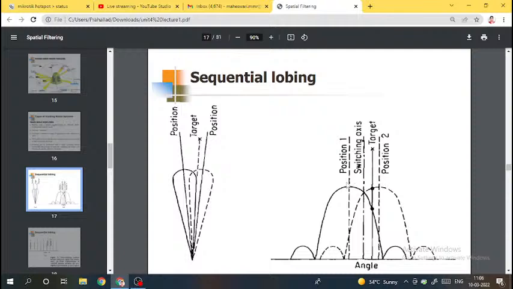In sequential lobing we use a beam from an antenna that is switched between different positions. We don't know exactly where our target is, so we switch between positions and try to predict the target position. For one dimension, one axis, I have given position 1 and position 2. If my target is very near to position 2, the amplitude received at position 2 will be greater than at position 1, right?